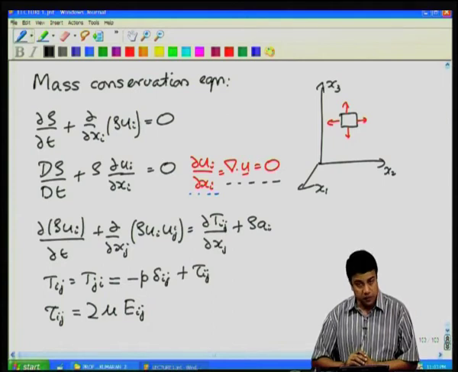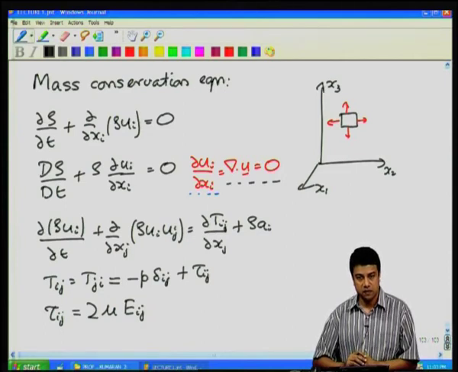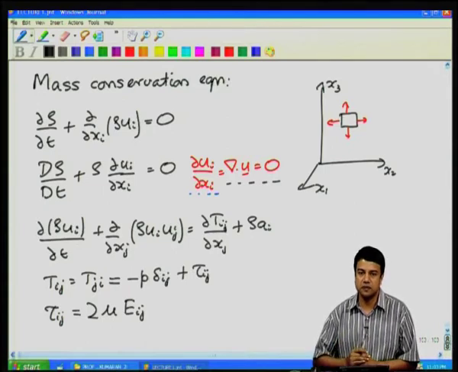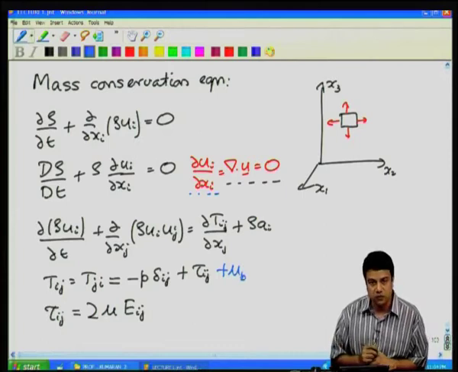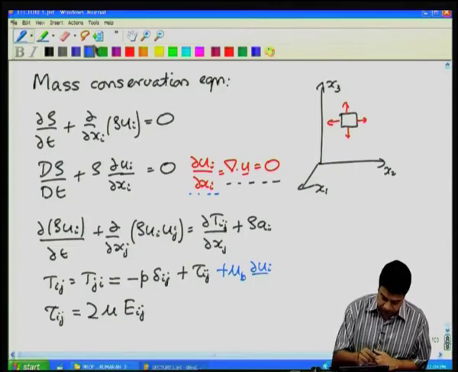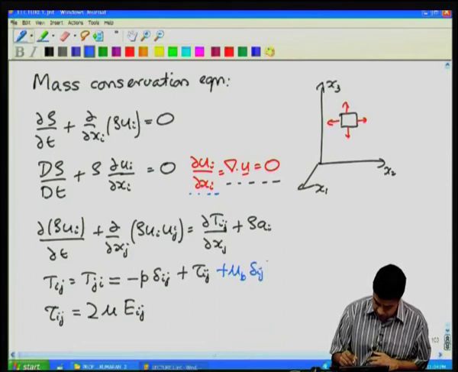It is possible that due to flow, if your fluid was compressible, in general you could also have an isotropic part due to the rate of deformation tensor, and an isotropic part has to of course be proportional to the divergence of the velocity itself. So, in general you could also have another contribution which went as a coefficient times partial ui by partial xk.